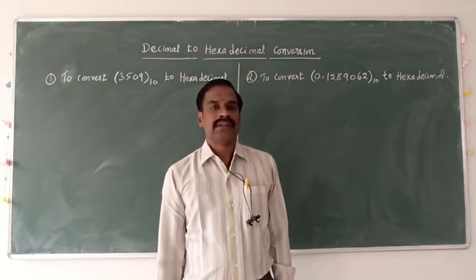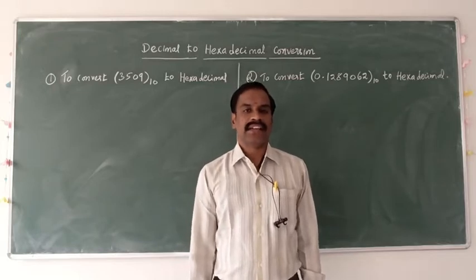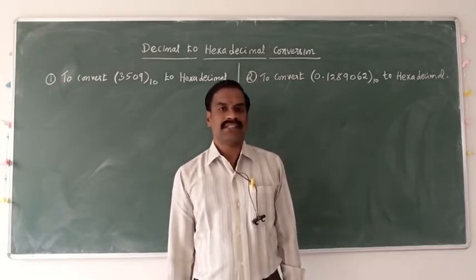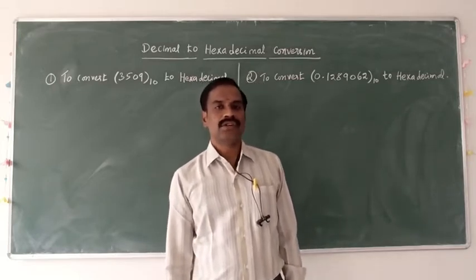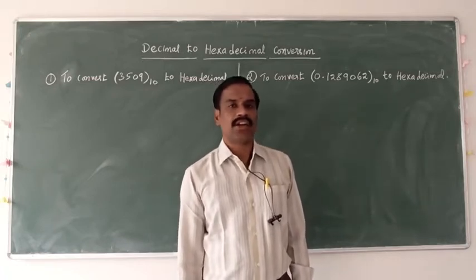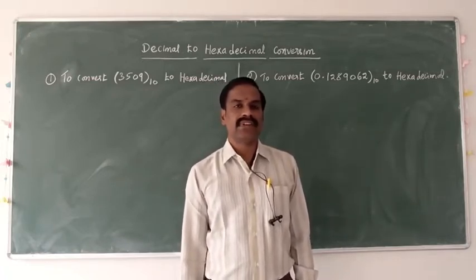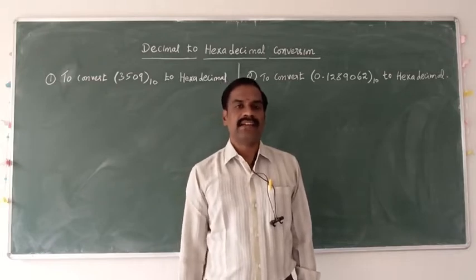Decimal to hexadecimal. The decimal number system has a total of 10 digits, 0 to 9, so its base or radix is 10.